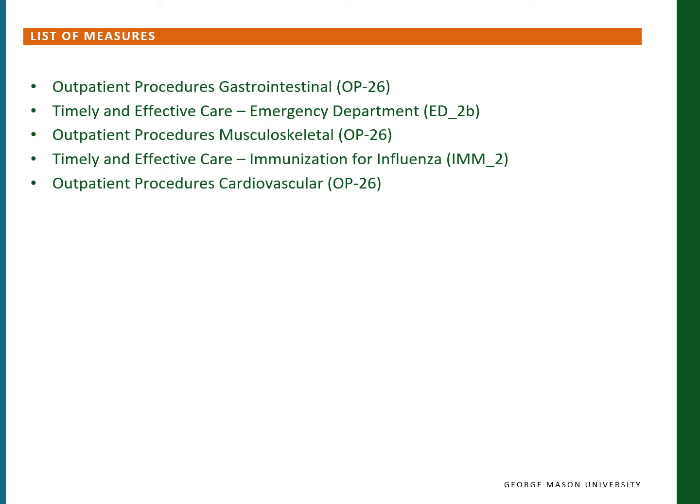The measures I ended up choosing include outpatient procedures, gastrointestinal, that's OP26, timely and effective care, emergency department, that is measure ID ED_2B, outpatient procedures, muscle skeletal, that is measure ID OP26, timely and effective care immunization for influenza, that is measure ID IMM_2, and finally, outpatient procedures cardiovascular, that is measure ID OP26.